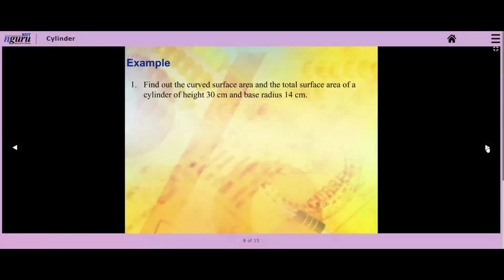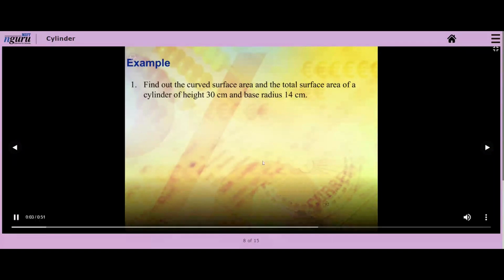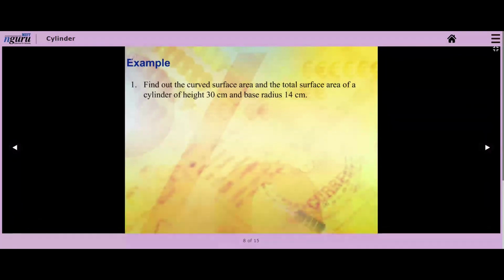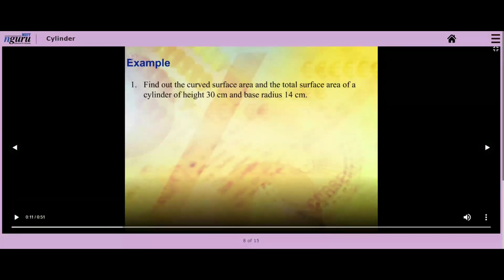Let us consider some illustrative examples. Find out the curved surface area and the total surface area of a cylinder of height 30 centimeters and base radius 40. Do this. 2,640. TSA, ma'am.